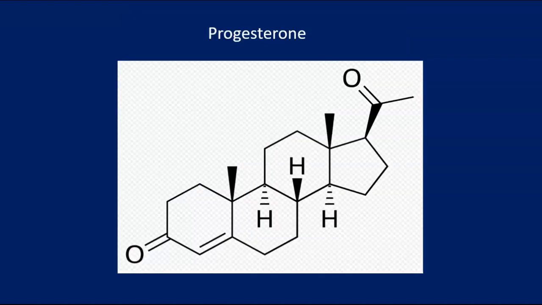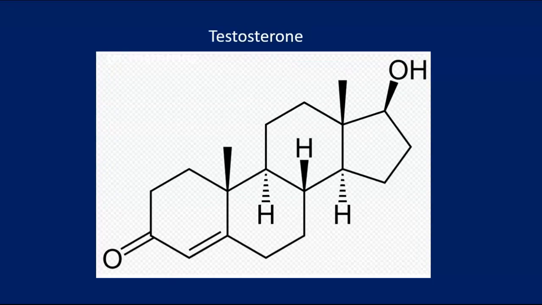So we start out with progesterone, which is the naturally occurring progestin. But in reality, when we look at the structures of the progestins that are used in the various contraceptive products, they much more commonly look like testosterone as their derivative.